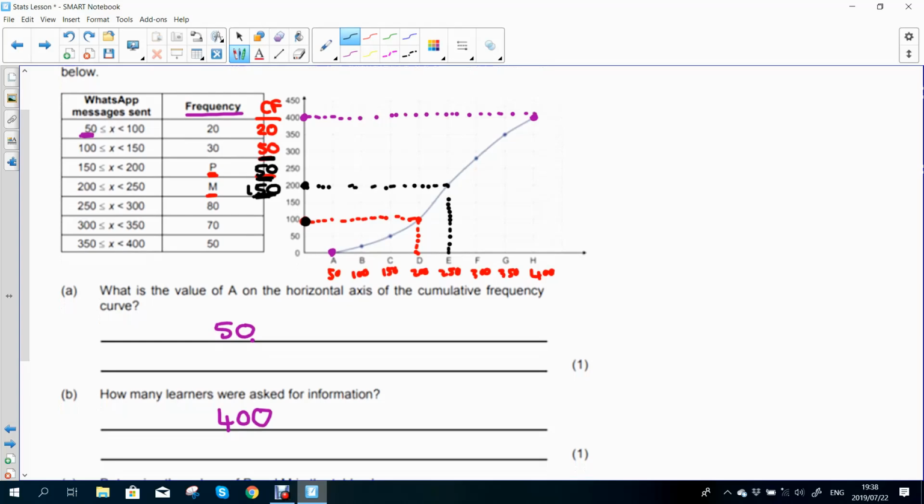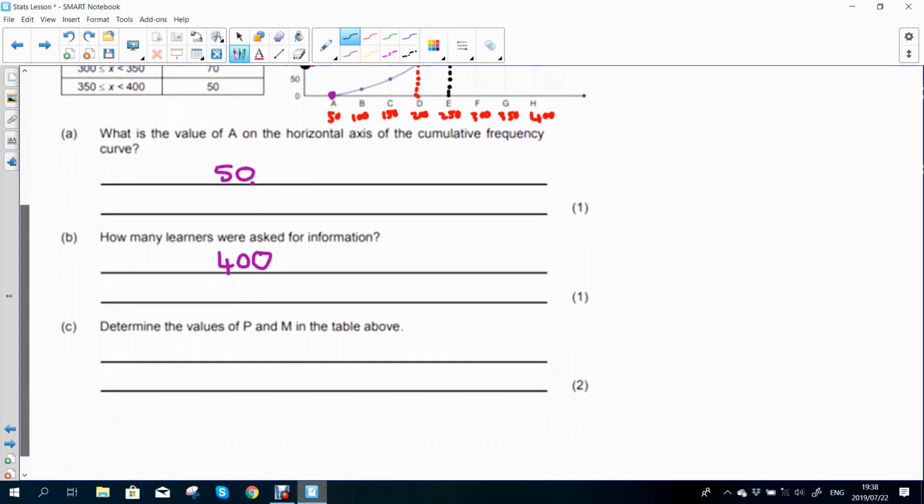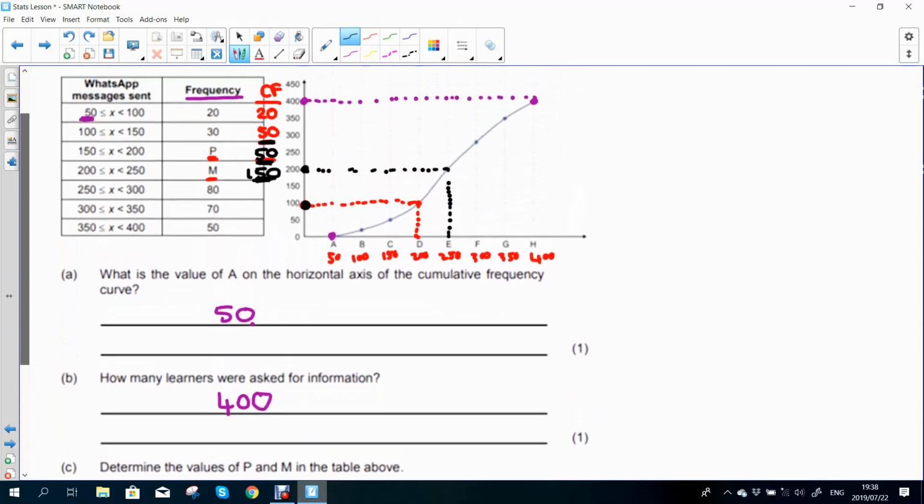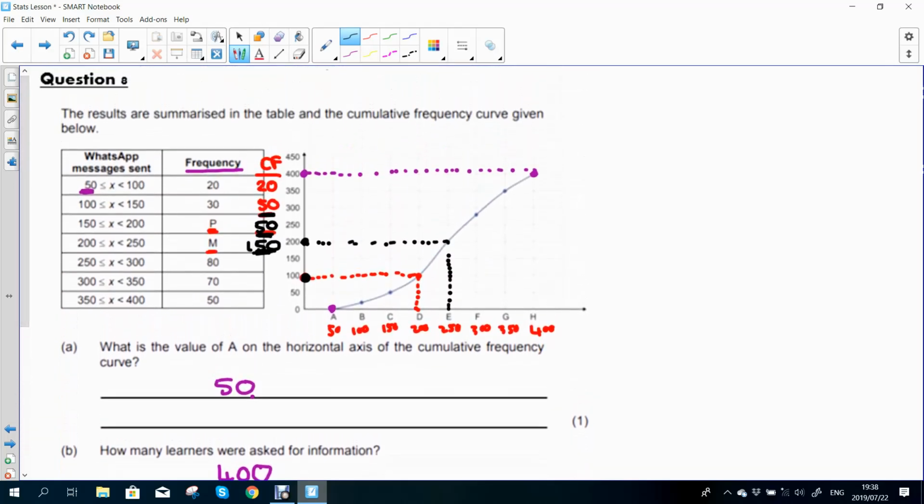Okay, let's just double check. Yes, that's 200, and I'm adding definitely 150. Cool stuff. And I'm done with that question. Also nice question, nice and tricky, because again I have to work backwards. I need to read off my cumulative frequency and then subtract it from the previous amount to actually get to that value of my cumulative frequency.